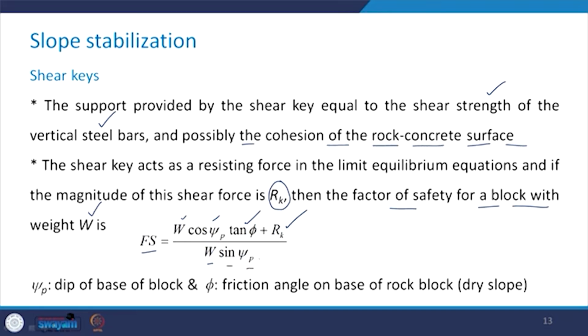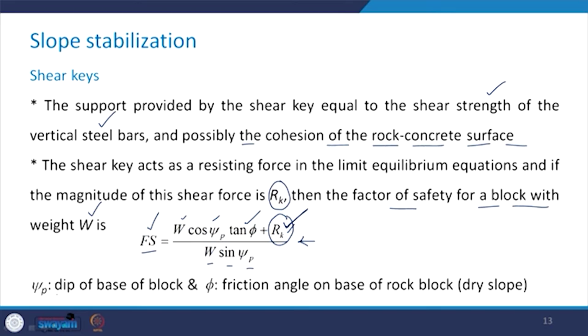Now see, if the shear key is not there, the term Rk will not be in this expression. In the presence of the shear key, Rk in the numerator enhances the value of the factor of safety, and this results in better stability of the rock slope.